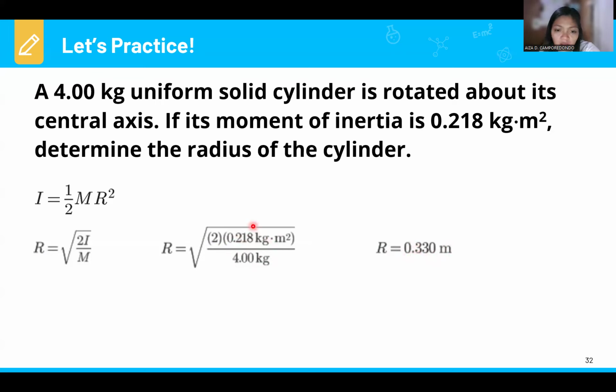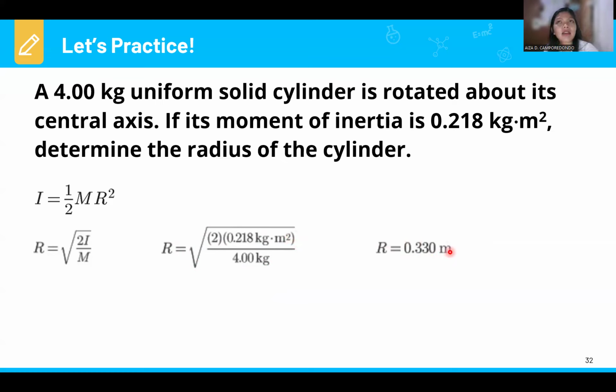Okay, so the kilogram, we're going to cross that out since there is a similar unit. That leaves us with meter squared. The square root right here will be crossed out because we did the square root, and that leaves us with a unit of m for the radius.